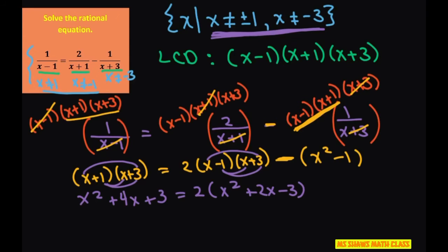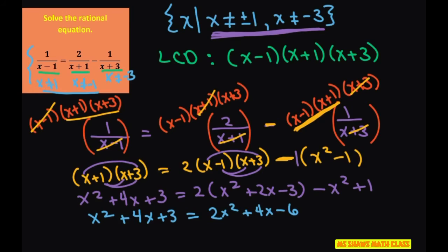And then we can go ahead and distribute this negative here, minus x squared plus 1. We have to simplify further. So this is x squared plus 4x plus 3 equals 2x squared plus 4x minus 6 minus x squared plus 1. Let's see what we got.